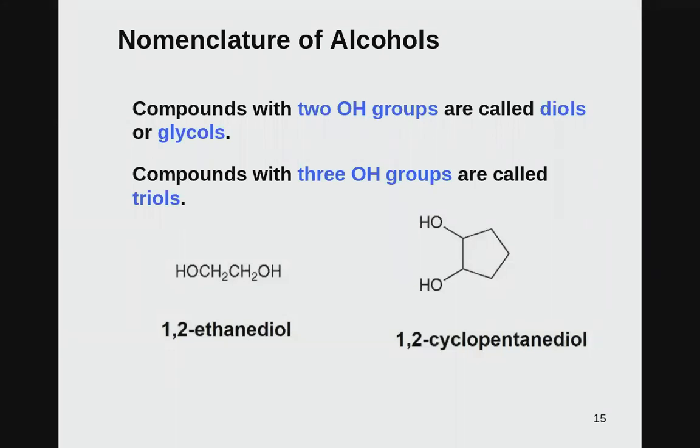Previously, I told you don't number the alcohol; it's always at the 1 spot. But in this case, we have 2 alcohols, so we have to actually tell the reader exactly where they are. So in this case, I have 1,2-cyclopentanediol: cyclo because of the ring, pent because there are 5 carbons, and diol telling me there are 2 hydroxyl groups.